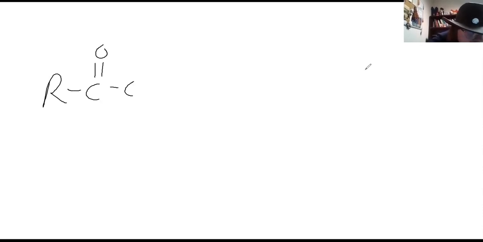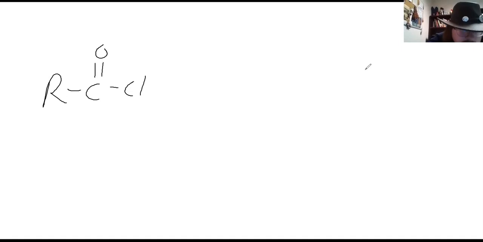It's the same mechanism when looking at forming an amide from an acyl chloride. You're going to use an amine, either excess amine, or some sort of base like pyridine or sodium hydroxide could be used to neutralize the byproduct. So same general thing. We start with acyl chloride.